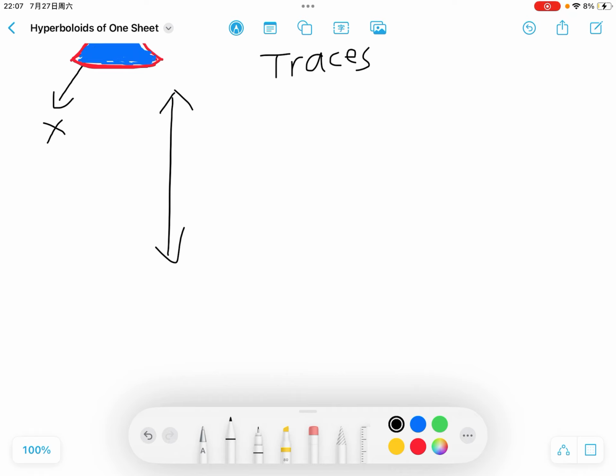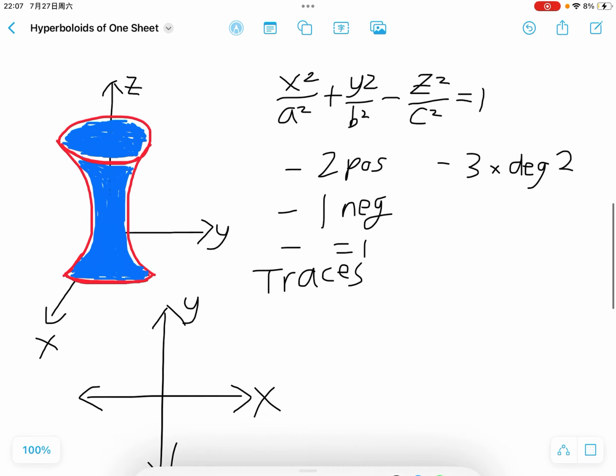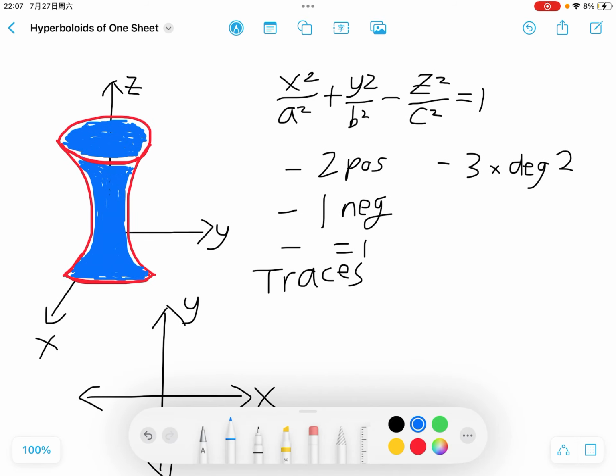There's the XY trace. Basically we look down at the graph, so I graph what I think my hyperboloid of one sheet would look like if it intersected this XY plane over here. So the 2D shape, it's obviously an ellipse because it's going to be this shape here when it intersects my X and Y plane.